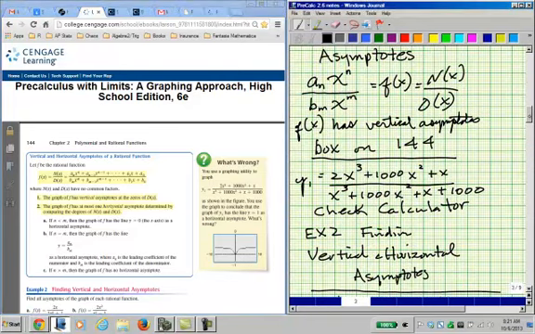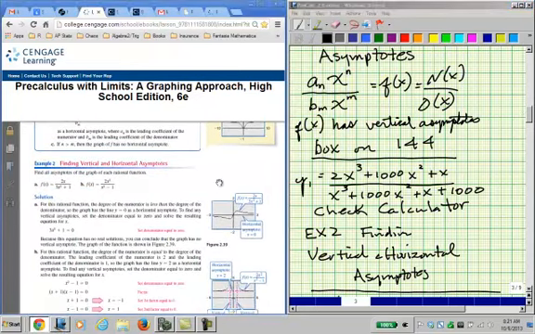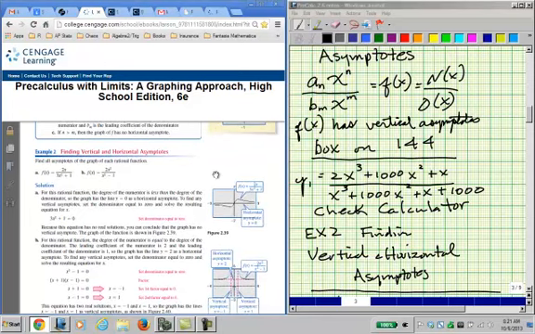All right, so example 2, let's look at this. Find vertical and horizontal asymptotes. Okay, 3x squared plus 1 has no vertical asymptotes because it has no real zeros.